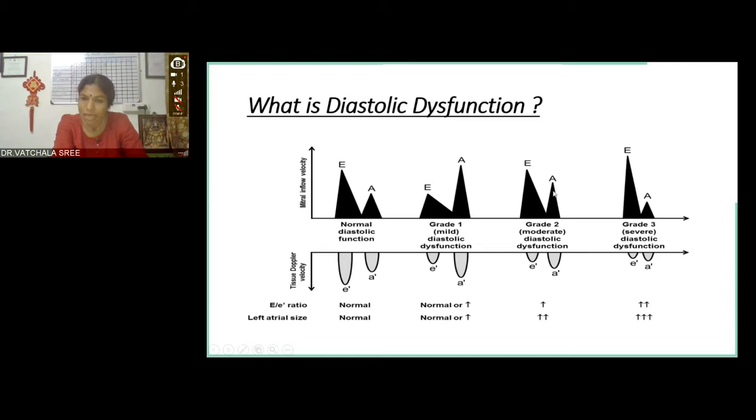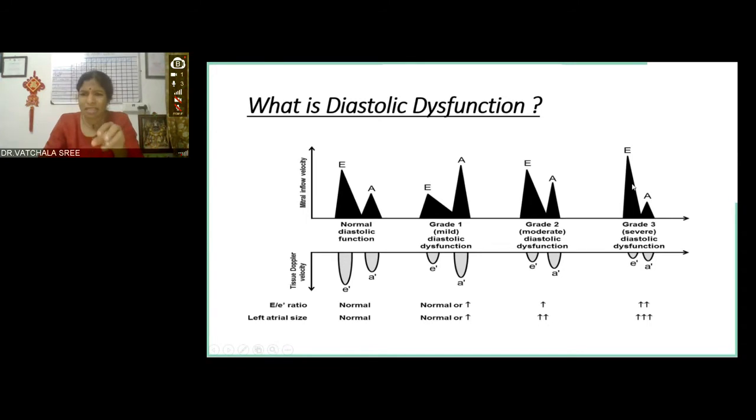Because the A wave becomes smaller and smaller, whatever filling is happening into the LV is only the first phase filling that happens because of the opening of the mitral valve. So the E wave becomes taller and taller. The E wave is tall, and the E wave is even more tall.